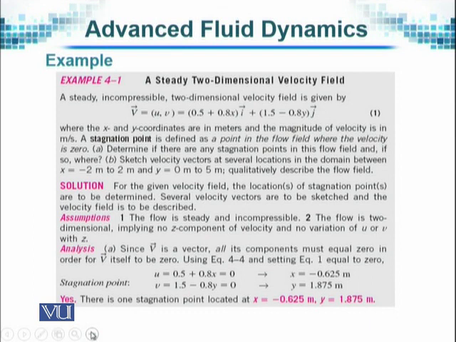Secondly, they want us to sketch the velocity vector at several locations in the domain between x equals minus 2 to 2 meters, and for y the variation is from 0 to 5 meters, and then qualitatively describe the flow field.